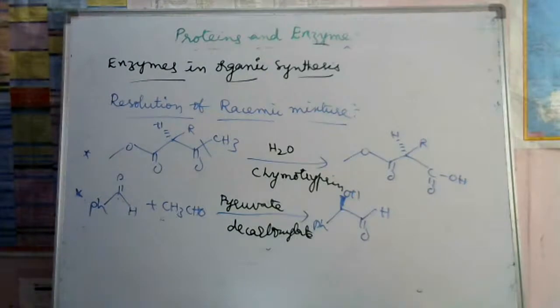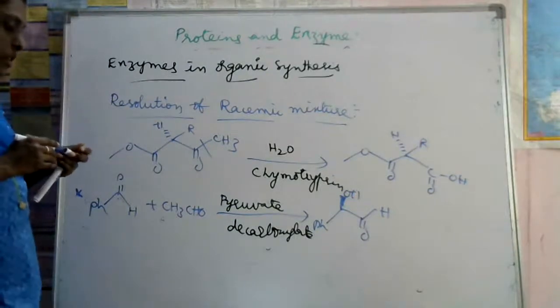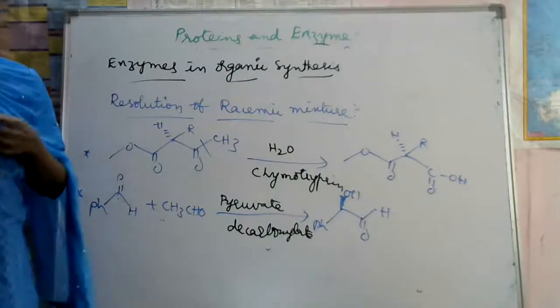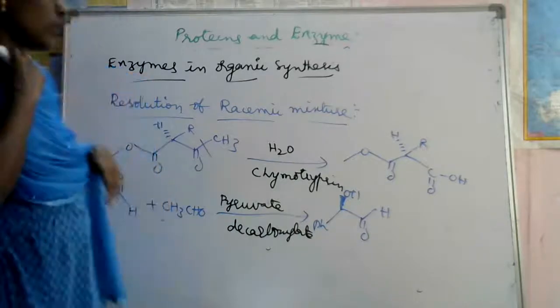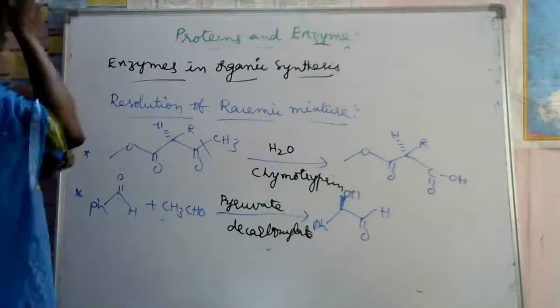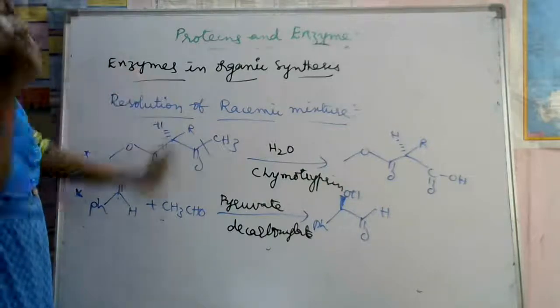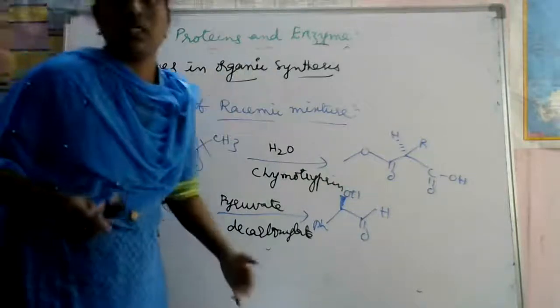Another group is also there, aldolase, which means an aldol reaction will be formed. I have already given you notes, so in that you can see that example. So this is about the enzymes in organic synthesis.